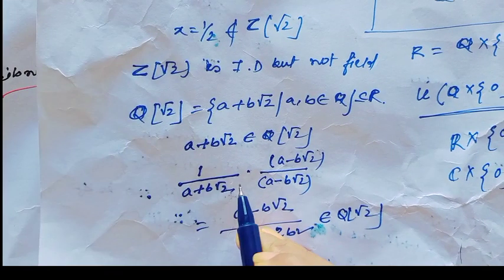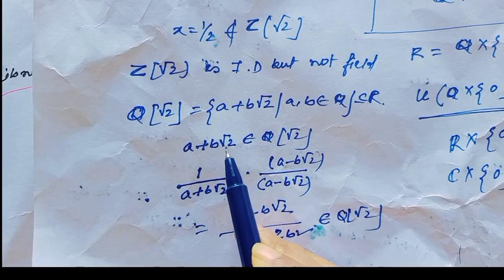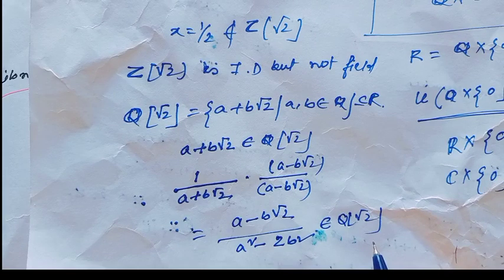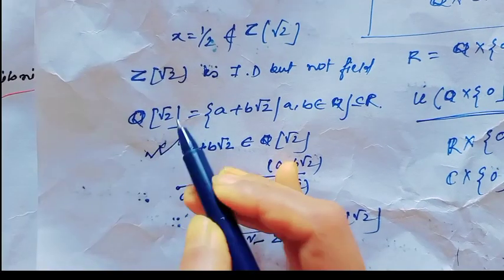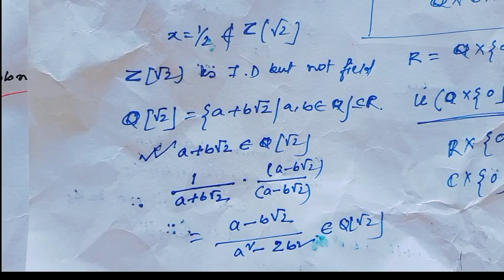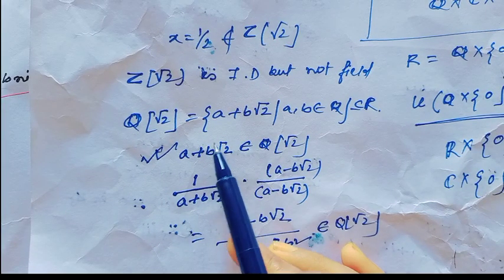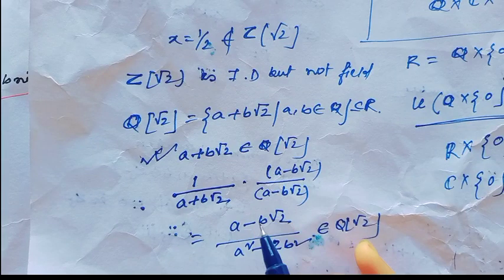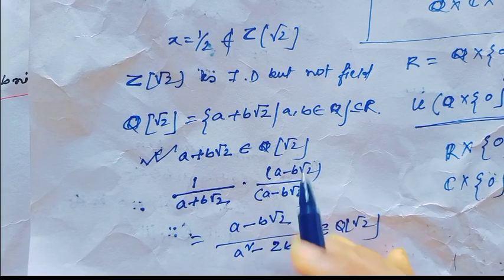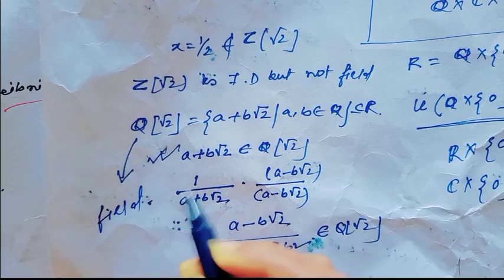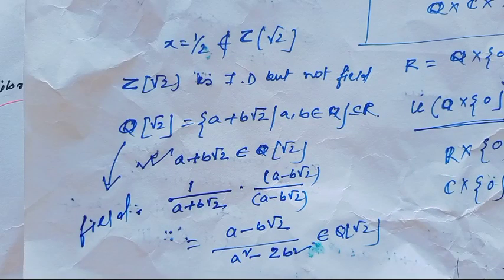So, the multiplicative inverse of a plus b root 2 belongs to Q root 2. Therefore, since this is an arbitrary element of Q root 2, every non-zero element in Q root 2 has a multiplicative inverse. That means Q root 2 is a field, but Z root 2 is an integral domain but not a field. Today I will stop here.